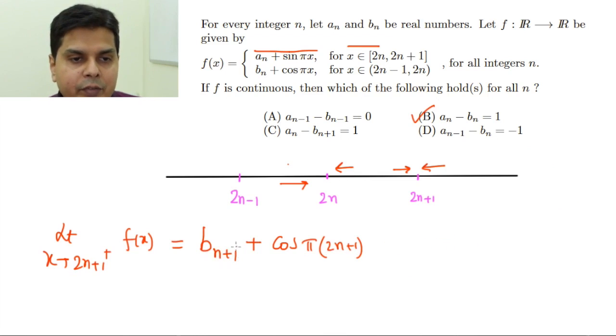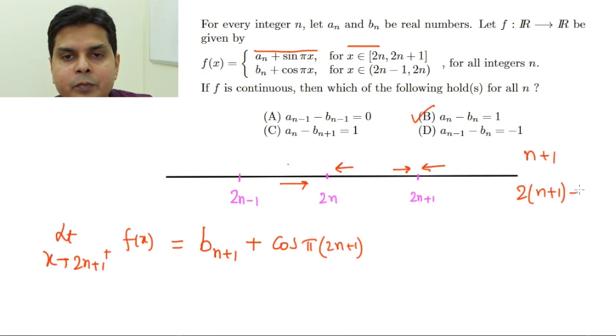I will explain why I have taken here n plus 1. You see, this formula b_n plus cos pi x is given when your interval is from 2n minus 1 to 2n. What I am doing here is I am finding the right hand limit and the left hand limit at this point 2n plus 1. So if I have to find the value of the function at 2n plus 1, instead of n, I will have to go to n plus 1, because the moment you substitute n plus 1 in this, you will get 2n plus 1 minus 1.